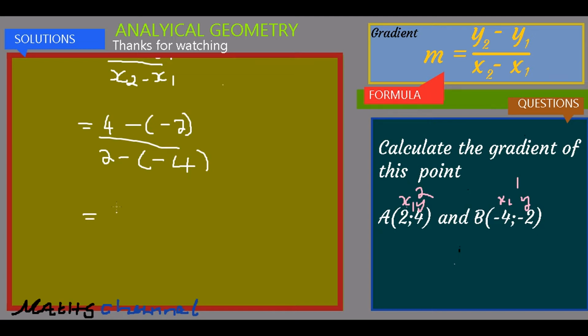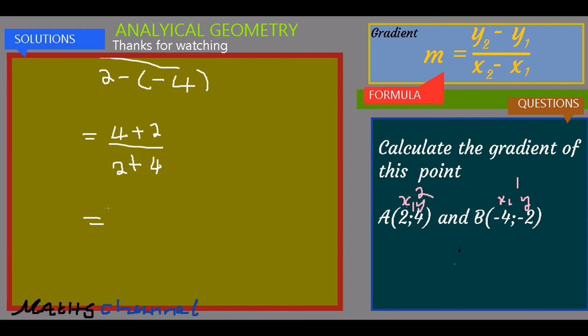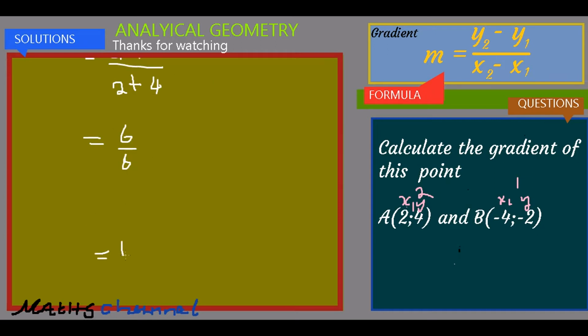So subtracting a negative, multiplying these will be positive. So the sum of the two is 6. The bottom is 6 as well. So the gradient is 1.